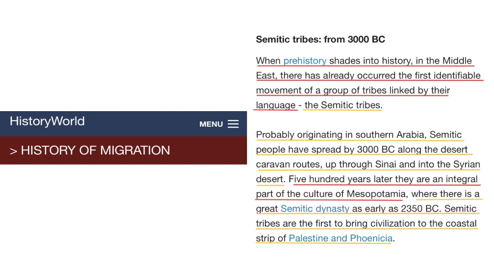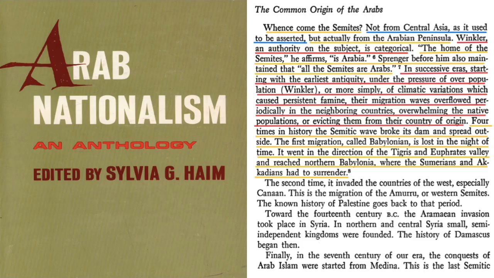Probably originating in southern Arabia, Semitic people have spread by 3000 BC along the desert caravan routes up through Sinai and into the Syrian desert. 500 years later, they are an integral part of the culture of Mesopotamia, where there is a great Semitic dynasty as early as 2350 BC. Semitic tribes are the first to bring civilization to the coastal strip of Palestine and Phoenicia." So again, Semites coming from Arabia.